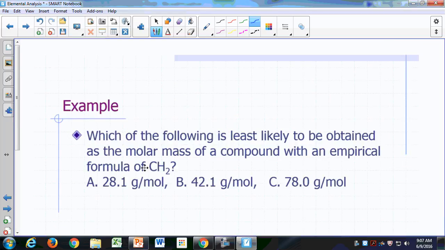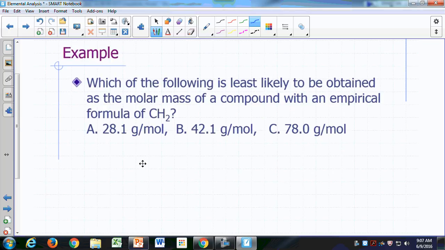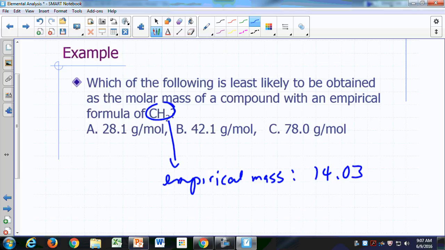Let's take a look at this sample question here. Which of the following is least likely to be obtained as the molar mass of a compound with an empirical formula of CH2? Well, what did we say the empirical mass of CH2 was? We determined that to be 14.03.